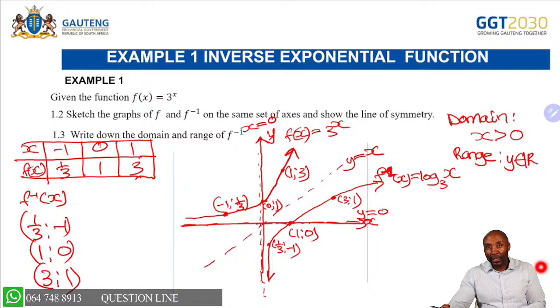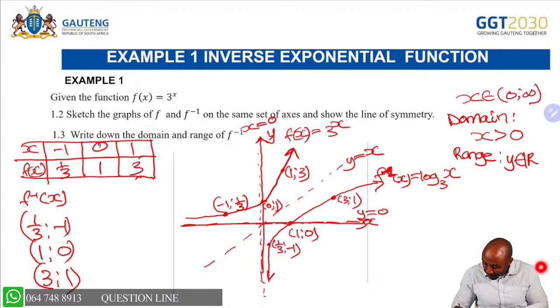I've chosen to use inequalities, but we can still use interval notation to represent our domain and range. Using interval notation, our domain will be x is an element from 0 to positive infinity.